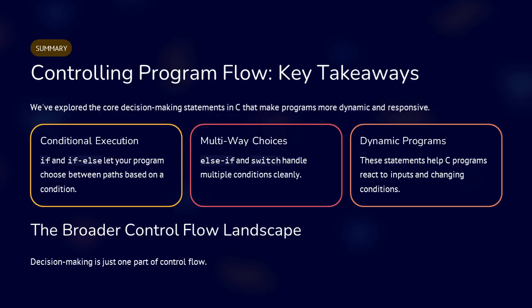How else if and switch work, we will see in the next session. Dynamic programs: these statements help a C program react to inputs and changing conditions. The broader control flow landscape: decision making is just one part of control flow. Thank you.